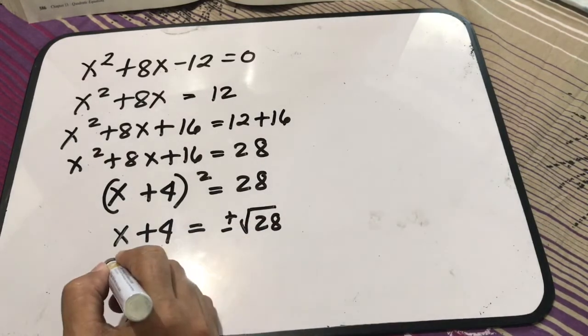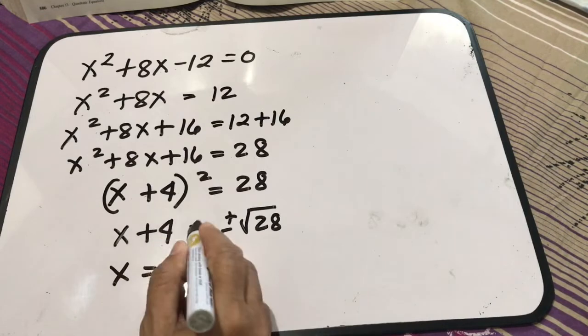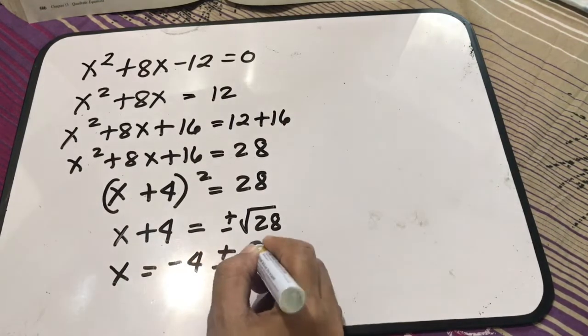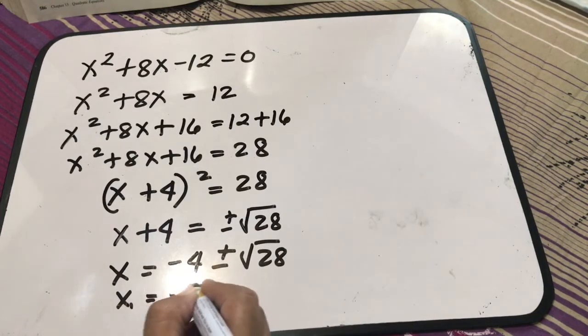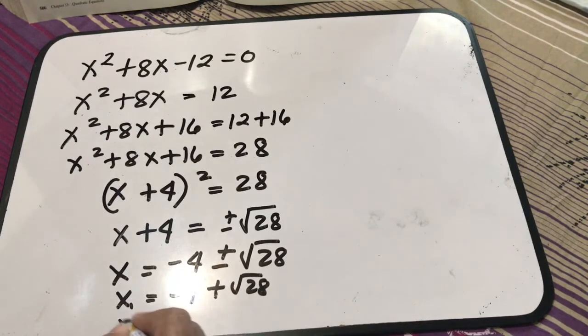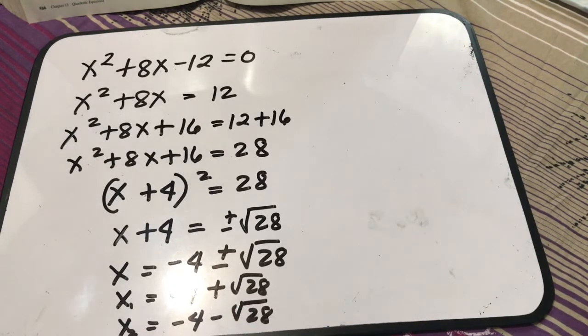So we will be having x equal to, we transpose this, negative 4 plus or minus the square root of 28. Therefore, the first value of x is equal to negative 4 plus the square root of 28, and the second root is negative 4 minus the square root of 28.